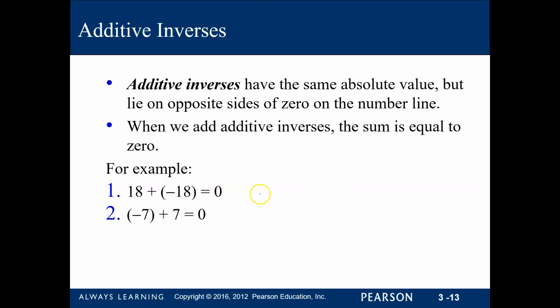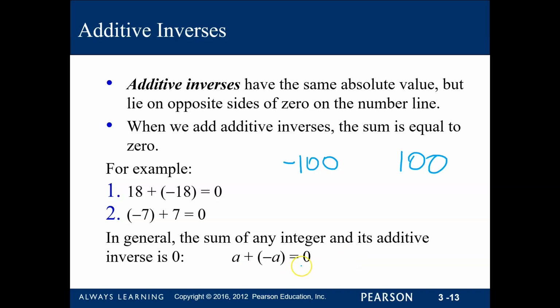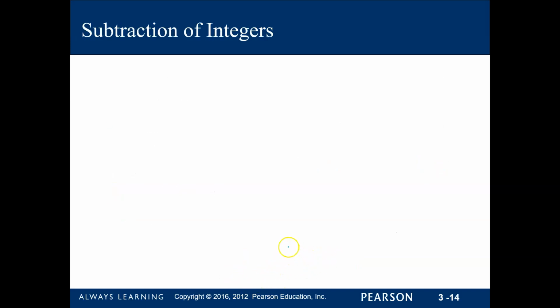Any number that you're given will always have its additive inverse. Simply find the opposite sign. So if I have negative 100, the additive inverse would be positive 100. Like I said, any number and its additive inverse, if you add them, will be 0.